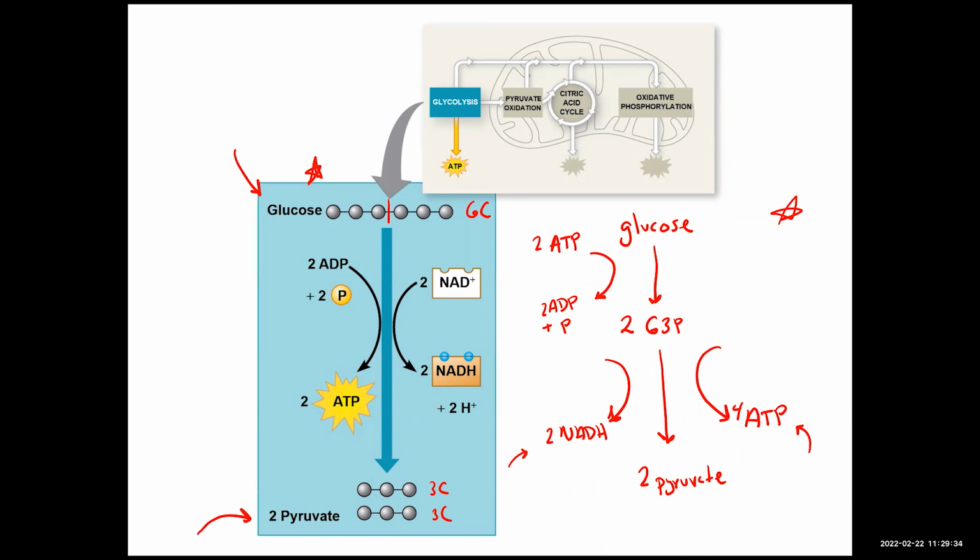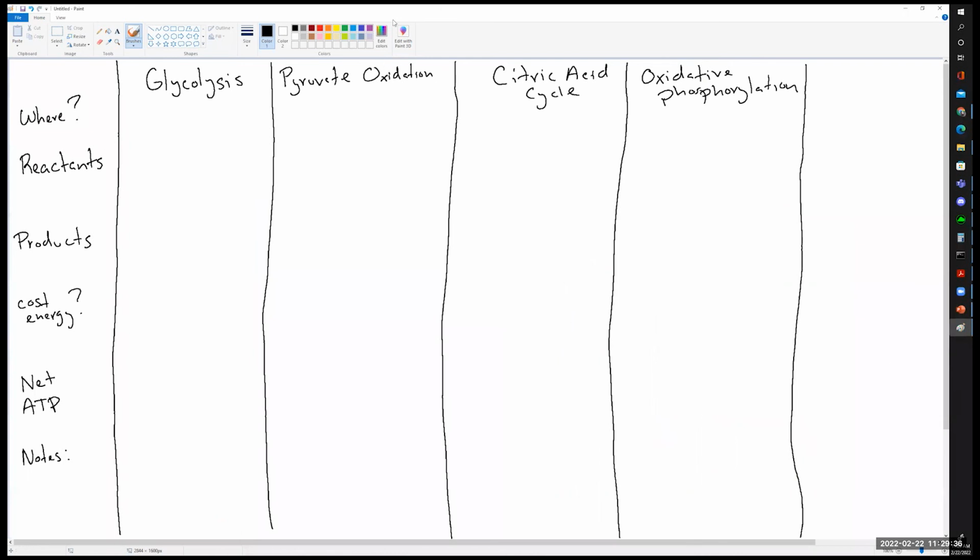Okay, so let's go put what we know onto the chart. So where does glycolysis take place? In the cytoplasm. And which one is our initial reactant? Glucose. And what are end products?